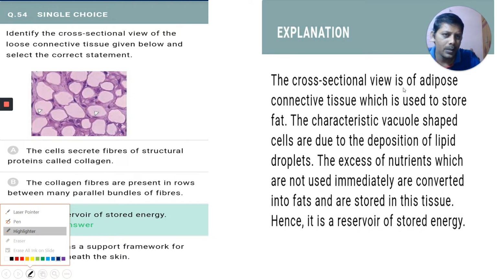Right. The cross-sectional view is of adipose connective tissue, which is used to store fat. This cross-sectional view is of adipose tissue, which is a type of loose connective tissue. The characteristic vacuole-shaped cells are due to the deposition of lipid droplets. This is the specific characteristic feature of adipose tissue, a very important new point.